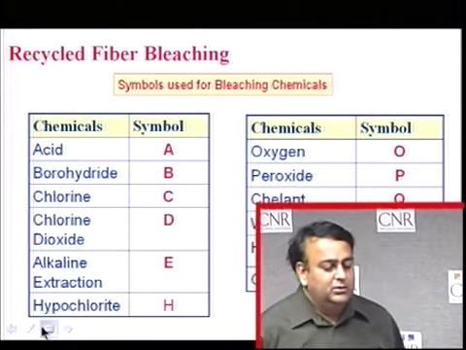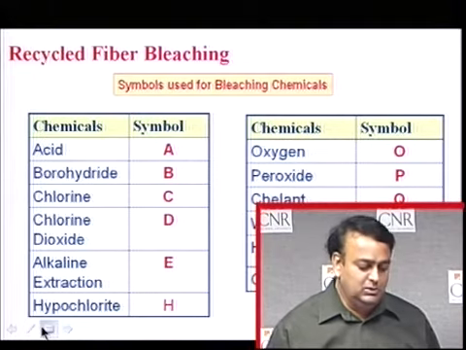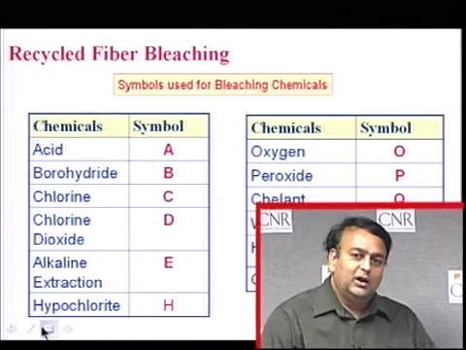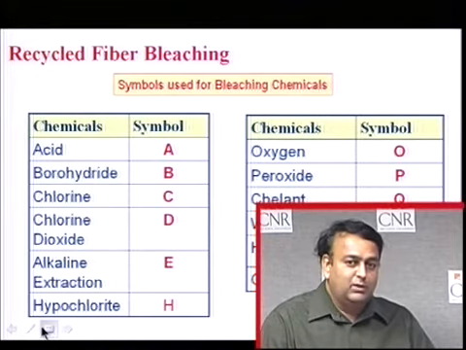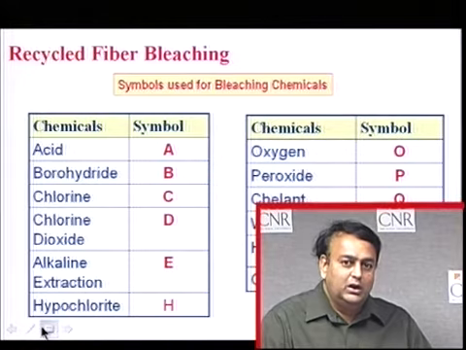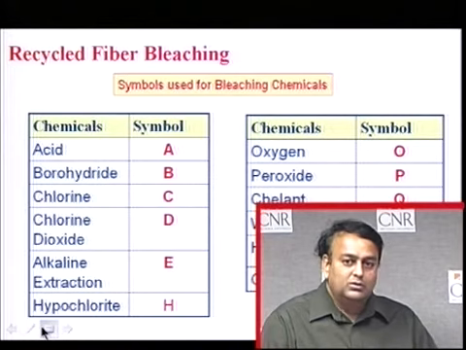This slide here gives you the various symbols used for bleaching chemicals. The paper industry loves to use symbols for denoting the chemical's name. In this case, the letter A stands for acid. The letter B stands for borohydride, C for chlorine, D for chlorine dioxide, E for caustic extraction, and H for sodium hypochlorite.